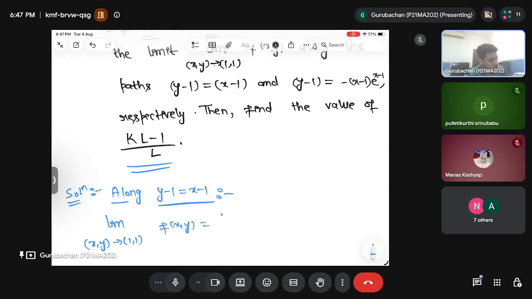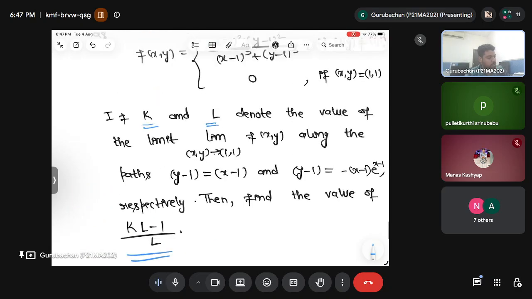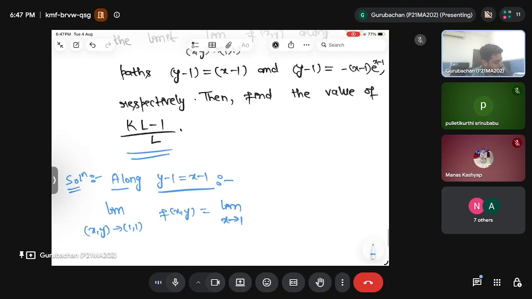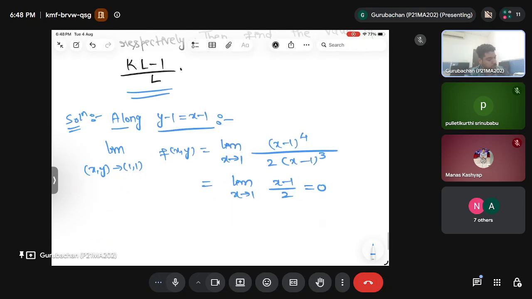So this will come out as limit x tending to 1 only, and you just need to substitute y minus 1 as x minus 1. So you will get (x minus 1) whole power 4 divided by 2 times (x minus 1) cube. From here, limit x tending to 1 of (x minus 1) divided by 2 will give you 0.